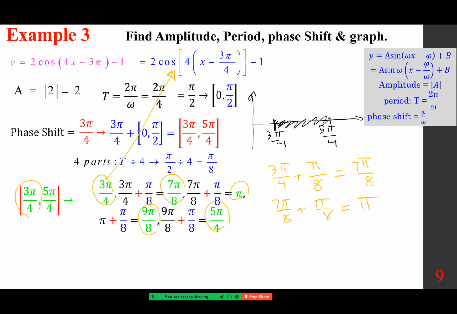So clearly, if I plug in 3 pi over 4, so if I replace this with 3 pi over 4, I get 0 and 2 cosine of 0 is 2, because cosine of 0 is 1, and subtract 1. So I get those pairs.